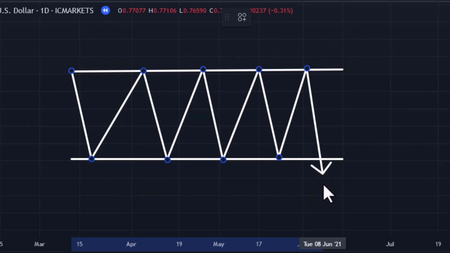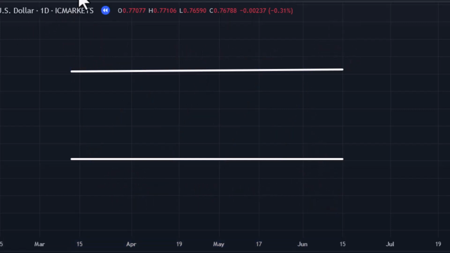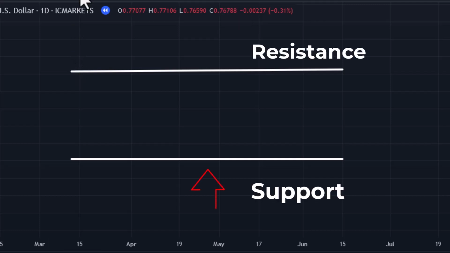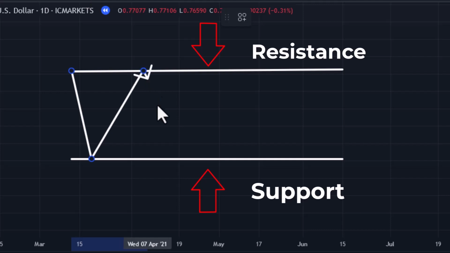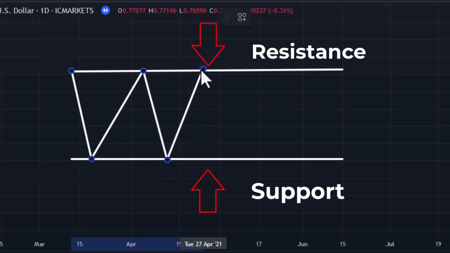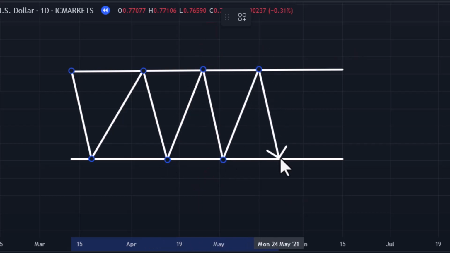How to identify a rectangular pattern? The key characteristics are parallel support and resistance lines, multiple price bounces within the range, and decreasing volume during consolidation. Let's quickly look at how to trade a rectangular pattern.